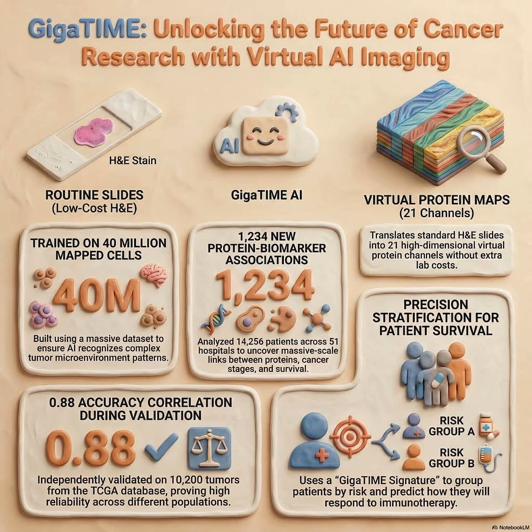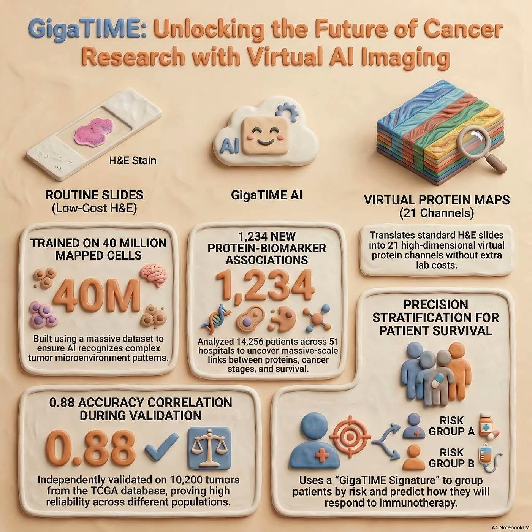But the researchers didn't just assume it worked. They rigorously tested it by applying GigaTime to over 14,000 Providence patients. Wow. Generating 300,000 virtual images. Then, they independently validated the AI's accuracy on another 10,200 patients. It wasn't hallucinating, it was finding actual, hidden biological ground truth.